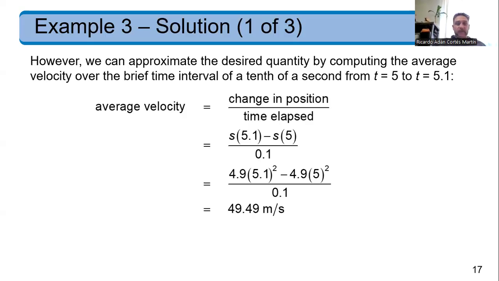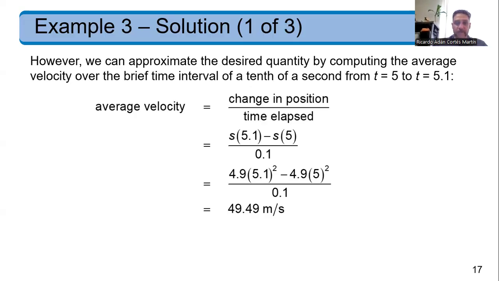So let's say that we measure the position of the ball at second 5, and then 1/10 of a second later. Okay. So the average velocity is going to be how much the ball moves divided by the time it took to move.